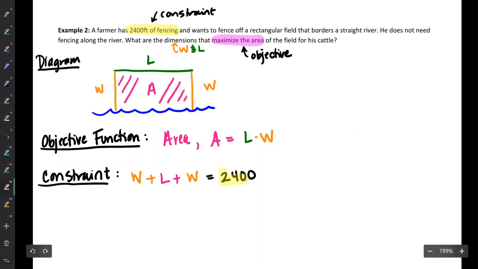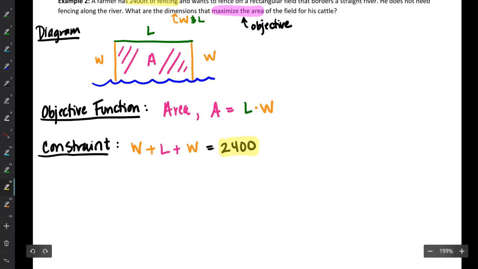He wants to use all of the fencing that they have, because we want to make the biggest possible rectangle for our cattle or our sheep. So my constraint here is 2W plus L needs to be 2,400.